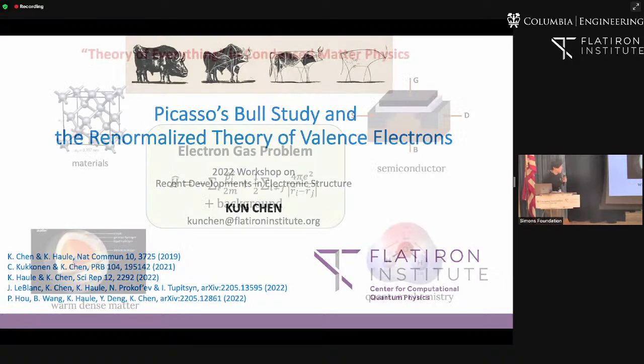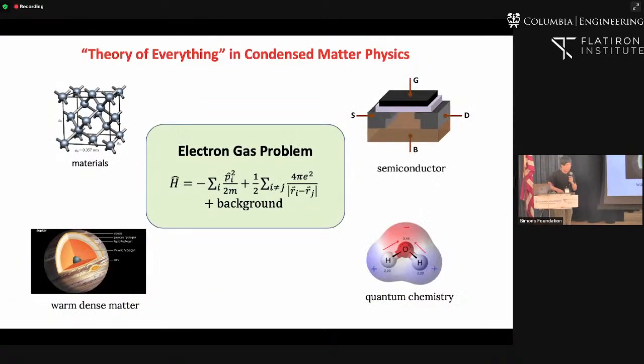Okay, so basically, in general, the delocalized valence electron can be modeled with a simple Hamiltonian known as the electron gas. This Hamiltonian describes a bunch of electrons confined with a uniform background, and the electrons interacting with each other through a Coulomb repulsion.